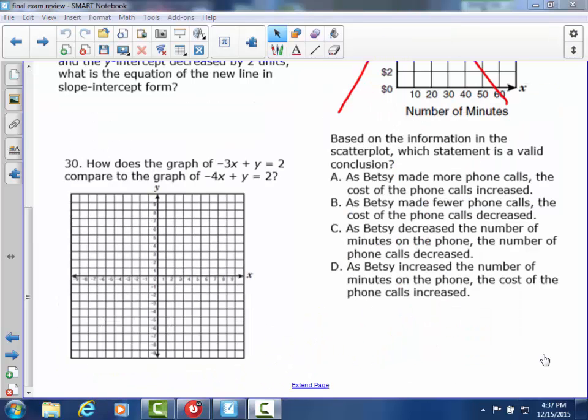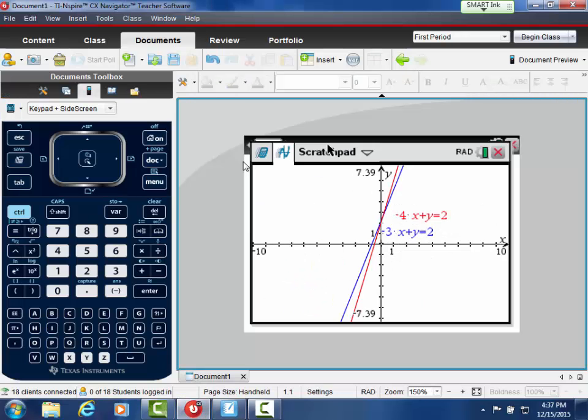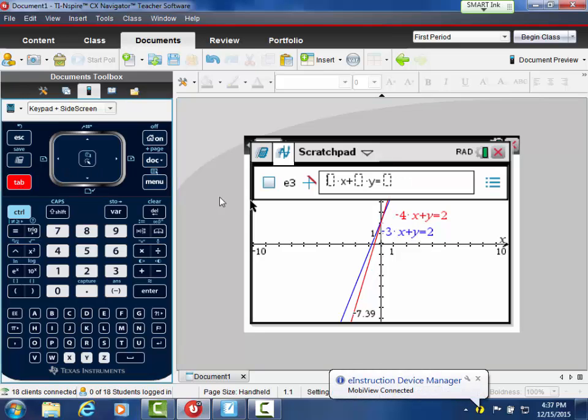Okay, so on question 30, how does the graph of -3x plus y equals 2 compare to the graph of -4x plus y equals 2? All right, so we want to pull up our calculator, and we're going to graph the two on the calculator. Now, I'm already showing them graphed here, but if you don't recall, when you go to graph, hit tab.